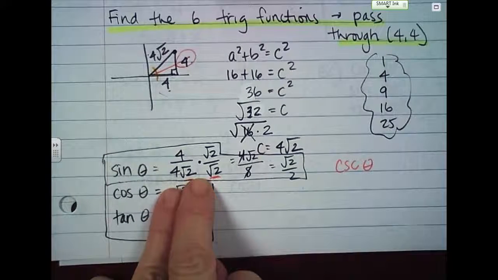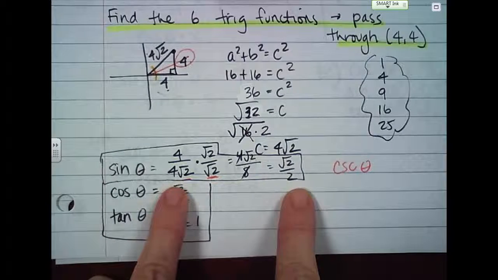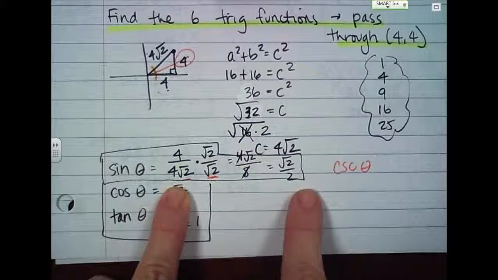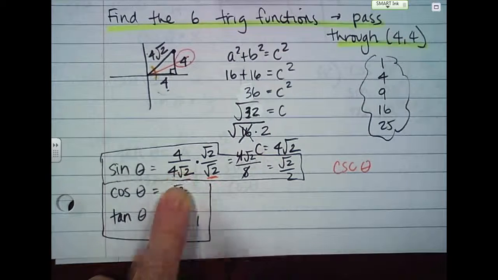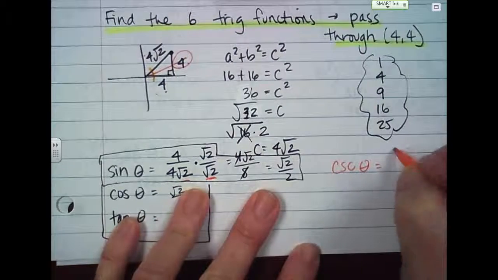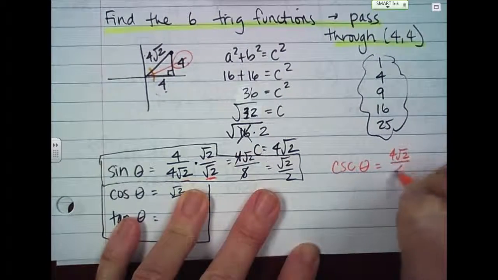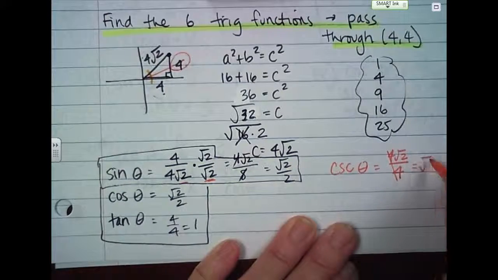On top. So which one's easier to flip? Yeah, because then I won't have a radical in the bottom. If I flip this, a radical moves to the bottom and I have to get rid of it. So I'm going to flip this one. You get 4 root 2 over 4. What happens to the 4s? They're both on the outside, so they cancel and you get root 2.